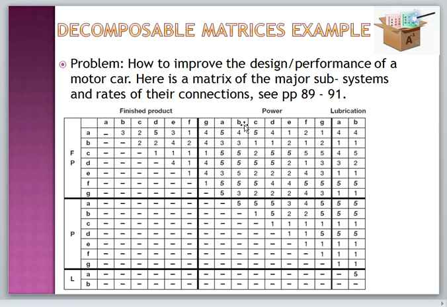And then the power part has A, B, C, D, E, F, G as well, 7 components, while the lubrication part has only 2 components. So you designate a column for each, like this, and then do the same for the rows. You have finished product here, and you have power here, and you have lubrication here. A, B, C, D, E, F, G, A, B, C, D, E, F, G, A, B only for the lubrication.